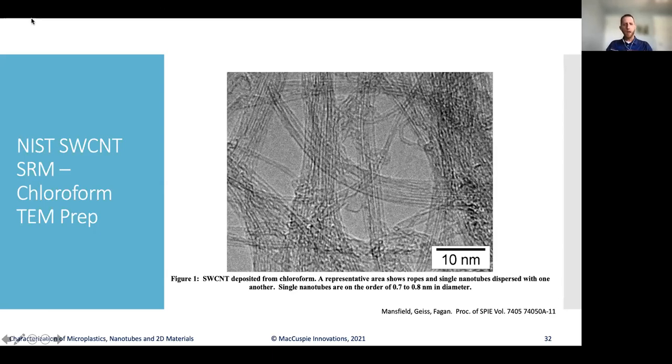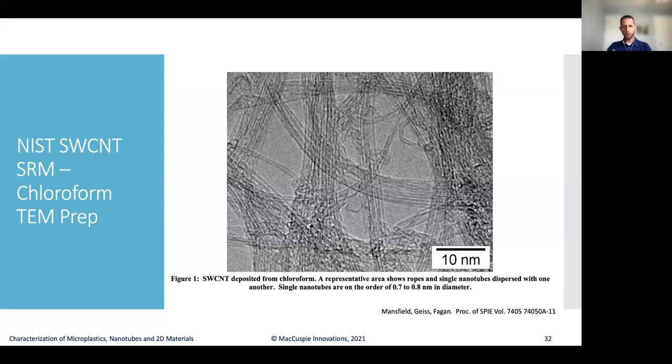As you can see in the chloroform images, the carbon nanotubes were deposited in an area with various ropes, and single nanotubes were dispersed as well with one another. It showed that it was a very good way to provide images of those single nanotubes as they're bound into ropes and single nanotubes.